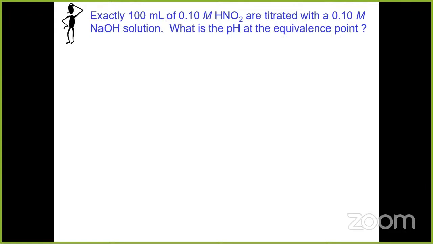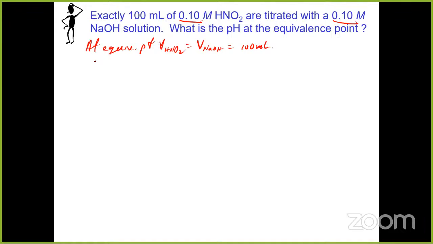All right. Now, the first thing I recognize here in this question is that the concentrations are the same for both the nitrous acid and the sodium hydroxide, all right? So what does that tell me? It tells me that at the equivalence point, the volume of HNO2 will be equal to the volume of sodium hydroxide, which is equal to 100 mL, all right?